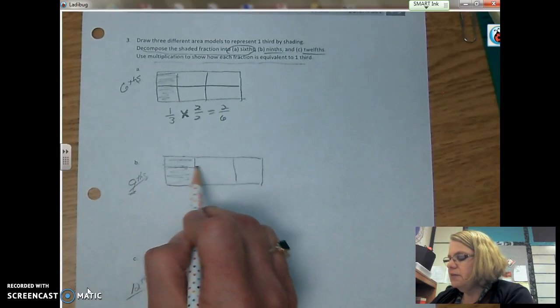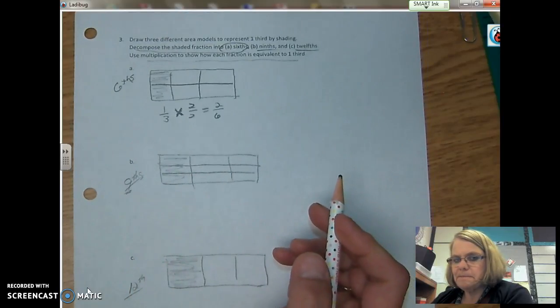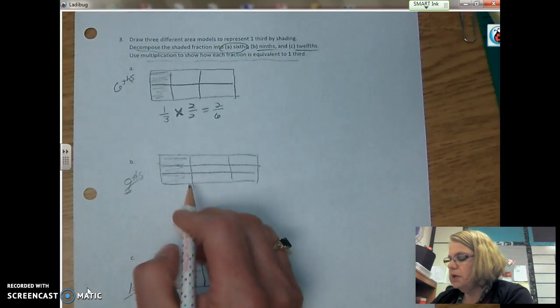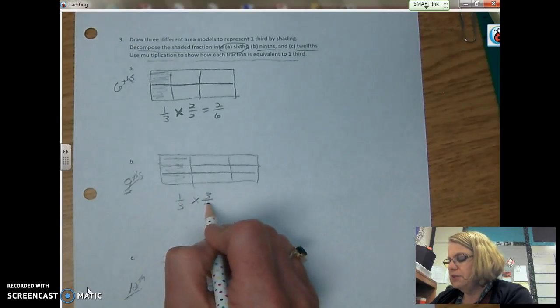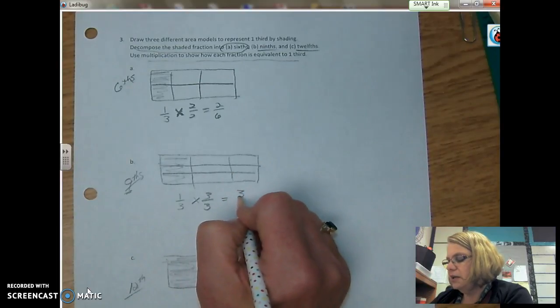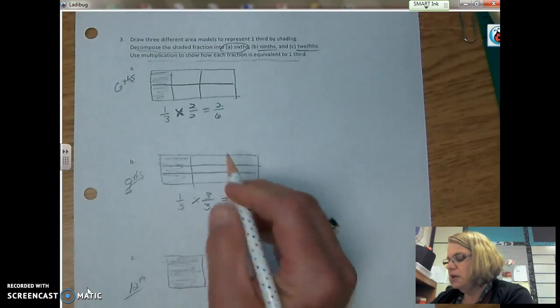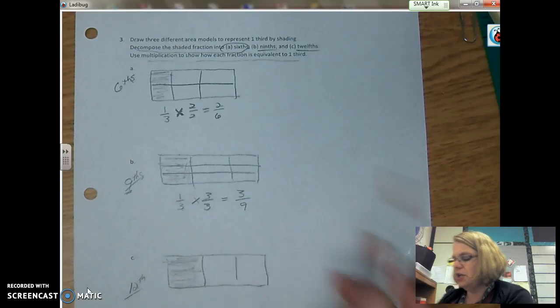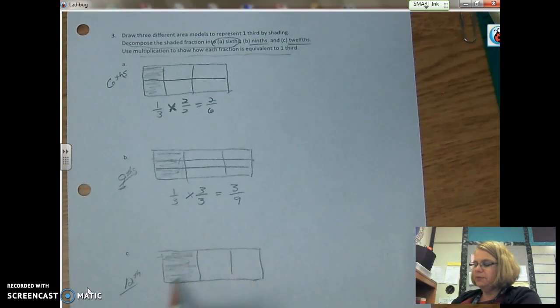That means I need to divide it into 3 rows. 1, 2, 3. I still start with 1/3, but since I made 3 rows, I'm going to multiply by 3/3, and I get 3 times 1 is 3, 3 times 3 is 9. So I have 3/9 shaded. Equivalent.